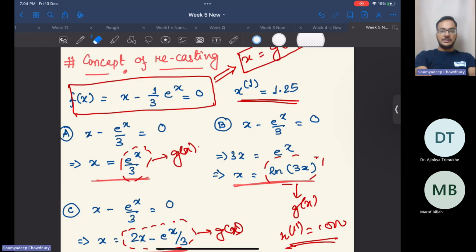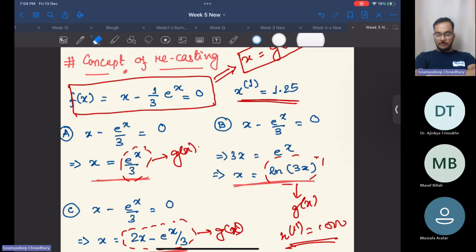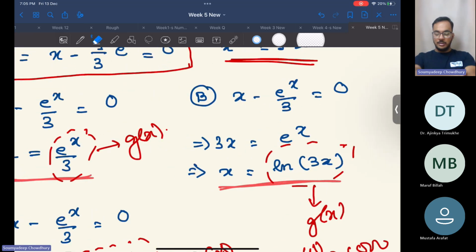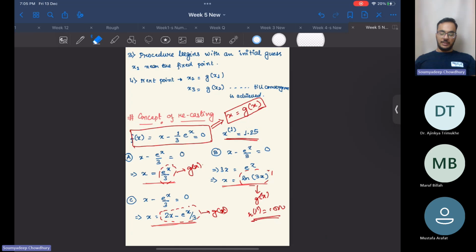The first one is we can write x equals e power x by 3. That means our recasting function g of x here is e power x by 3. Also, if we rewrite this equation as 3x equals e power x, then applying log on both sides, which is part B I am talking about, we can write x equals ln of 3x.